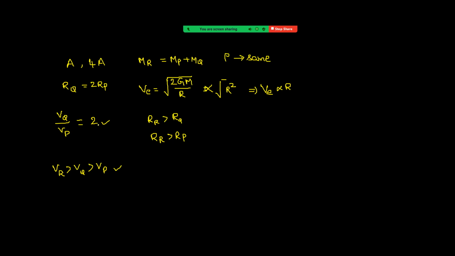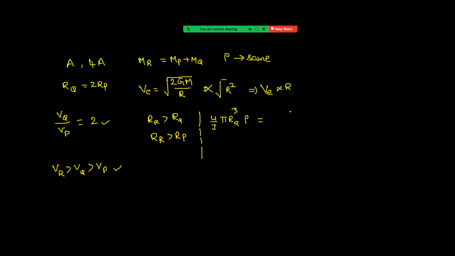Now remaining is Vr by Vp. See how to find Vr. Then see what I am doing here. Equating. So mass of R means its volume, 4 by 3 pi R cube, I am taking it as R suffix R, into density.